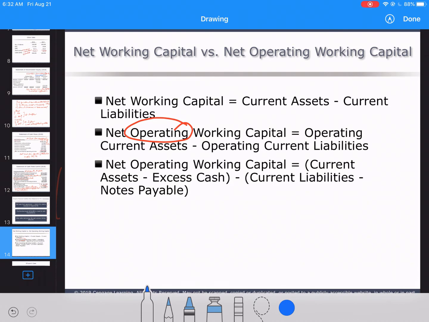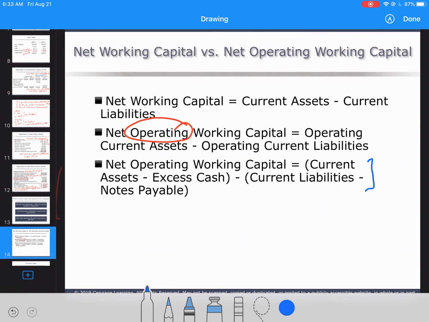Net operating working capital is operating current assets minus operating current liabilities. So we have net operating working capital, which is current assets minus excess cash. That means any cash-related thing has to be subtracted, and current liabilities, notes payable, have to be subtracted. So the result is that you get only operating working capital.